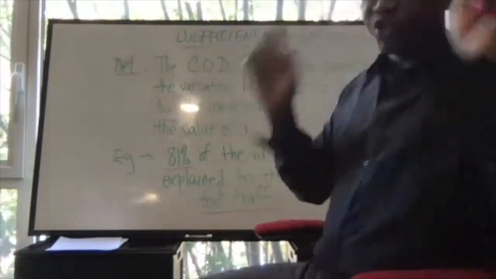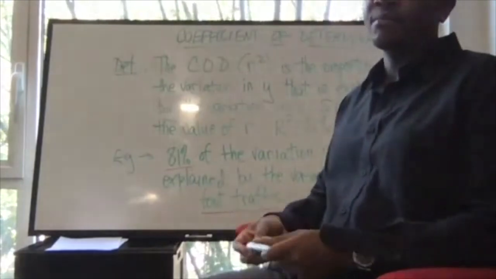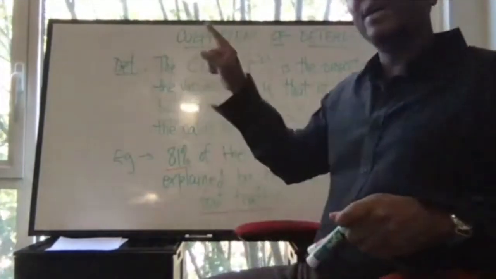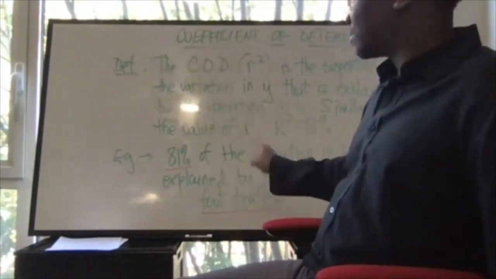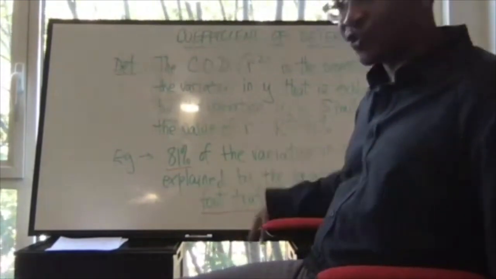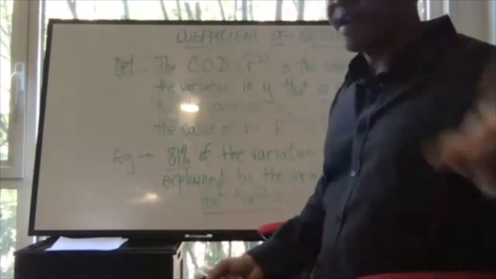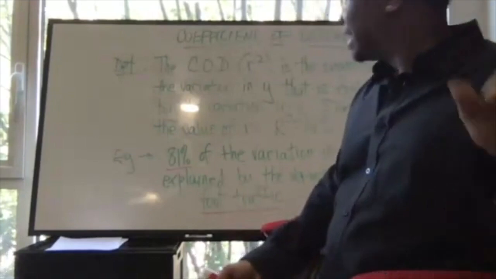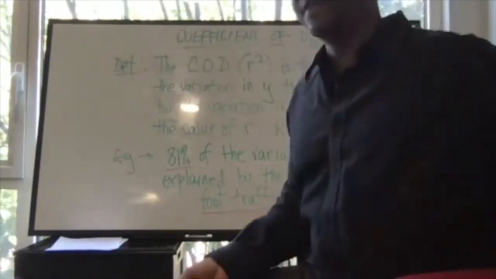So here's a trick question. Listen carefully. If 81% of the variation in sales is explained by the variation in foot traffic, then what percent of the variation in sales is explained by sources other than foot traffic?